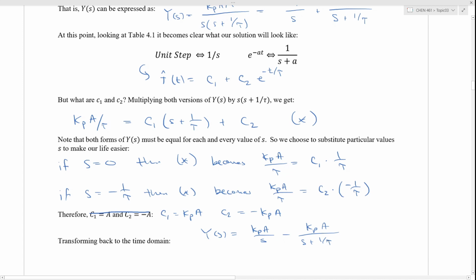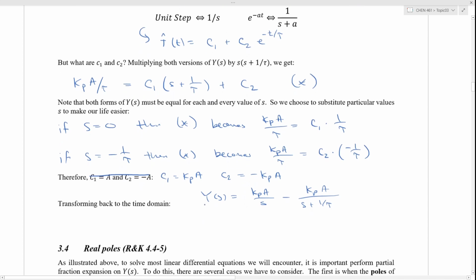Now we have Y of s in a form that contains only terms that we can look up in the table, as I mentioned before. So we can invert Y of s back to the time domain, and when we do this inversion, Y of s becomes T hat as a function of time.